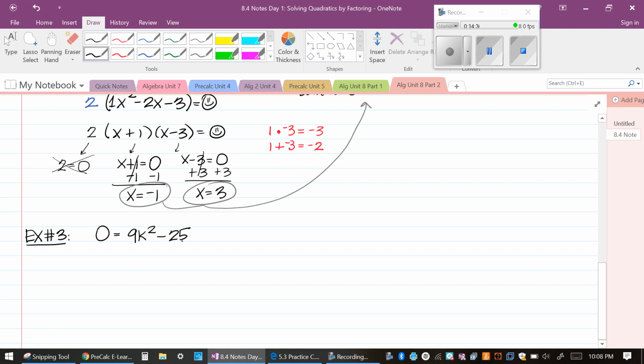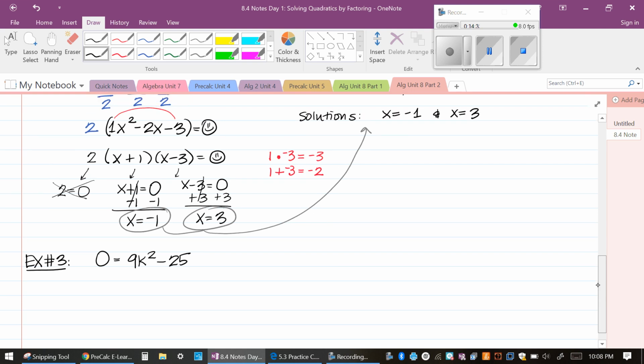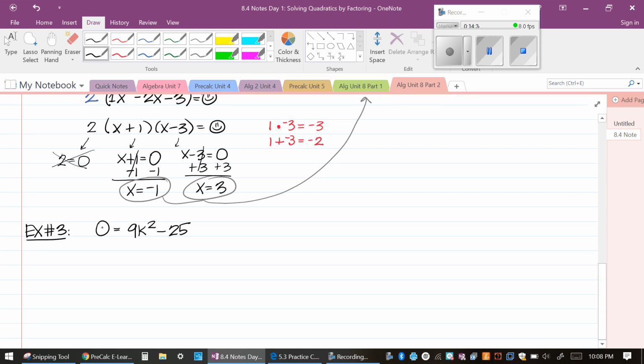Even though it's missing a linear term, we've got all the terms on one side and set equal to 0 so we can try to factor. I'm going to check for GCF. 9 over 25, does that reduce? Try it on your calculator or do it in your head. If it comes out the same, that means the GCF is just 1.